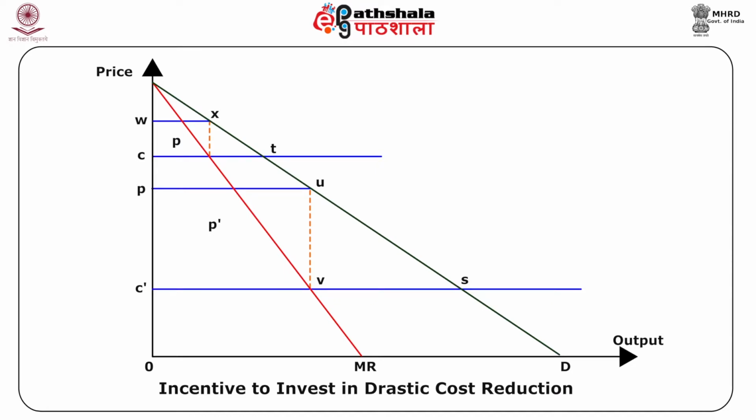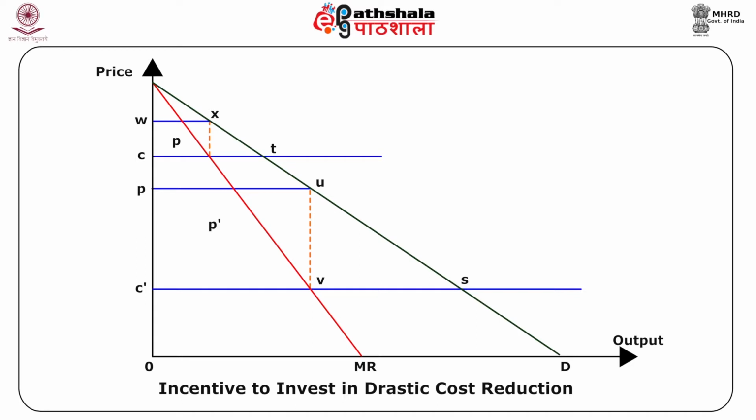In a competitive industry, the inventor charges firms a per unit royalty R to maximize his profits. This will result in restricting competitive industries' output to where MR is equal to C, giving maximum profits equal to area PU VC dash from a per unit royalty PC dash. Thus, the competitive industry would set price P and pay a total royalty P dash to the inventor.